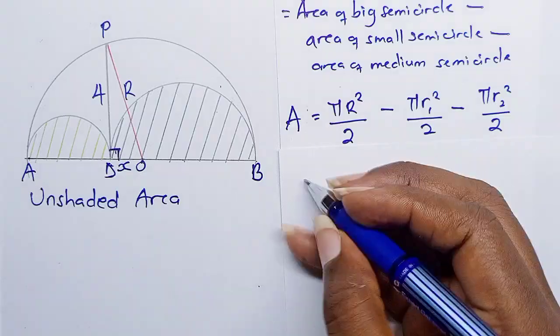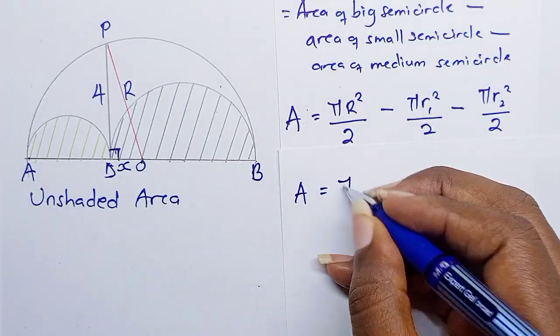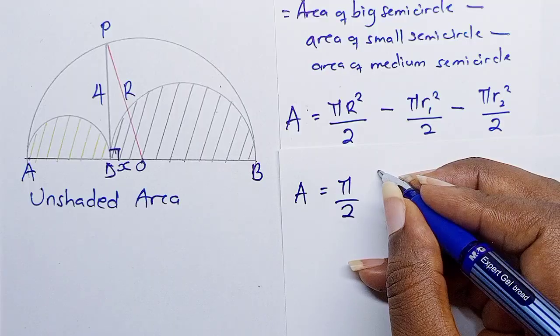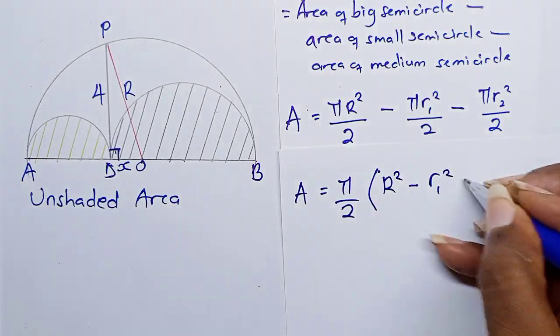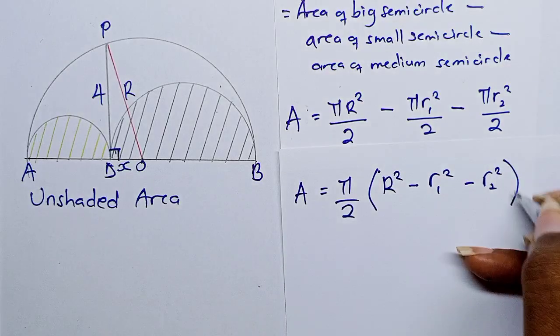So as you can see, pi over 2 is common, so we factor it out. So we shall be left with R squared minus R1 squared minus R2 squared.